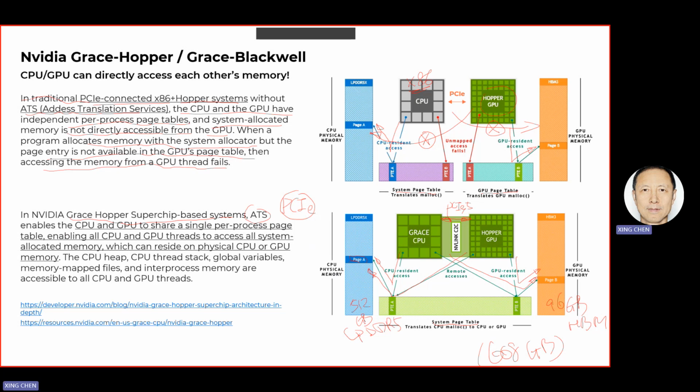Now, it should be easier for you to understand why there is this kind of asymmetry, why the GPU cannot access the CPU memory, because there isn't this kind of extended ATS service for GPU and the CPU. So the GPU cannot access the memory of the CPU. Okay, so this explains both of them.